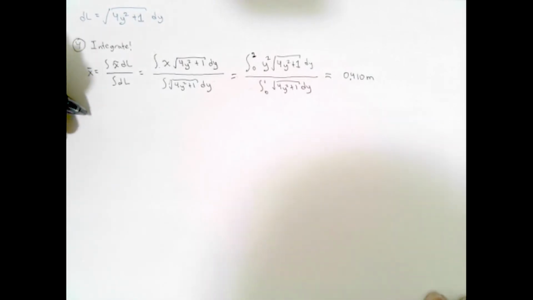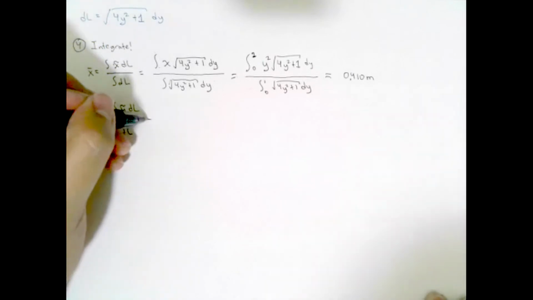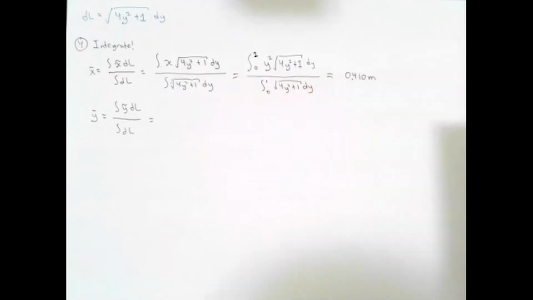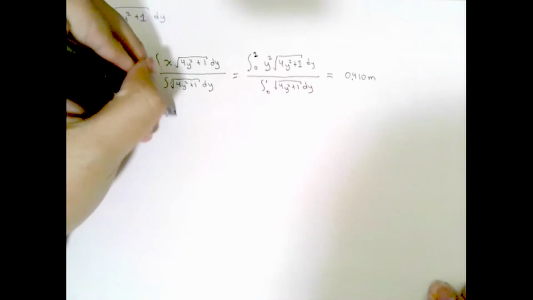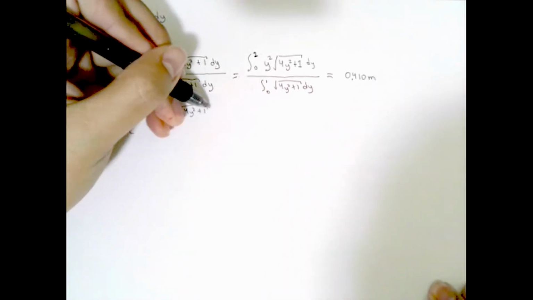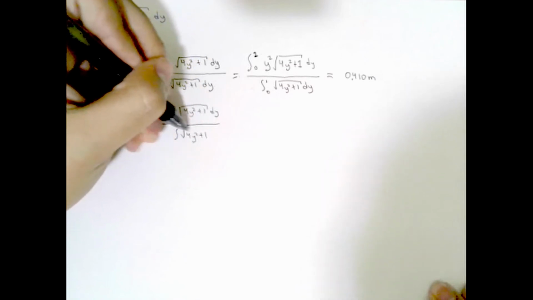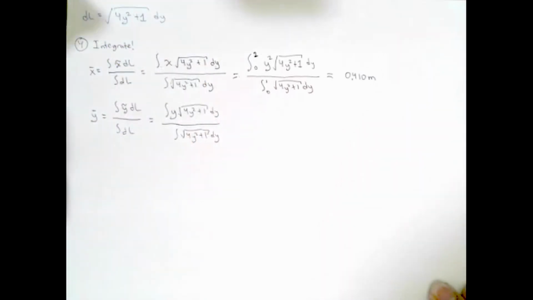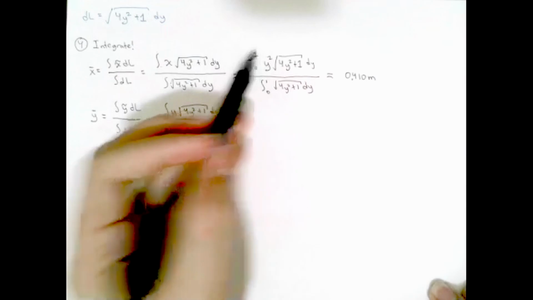Likewise, in the y direction, we get the integral of y squiggly dl over the integral of dl. Now we already know that y squiggly equals y. Therefore, I get the integral of y times dl. And we know that dl is this nasty expression. We know that the limits of integration are from 0 to 1.